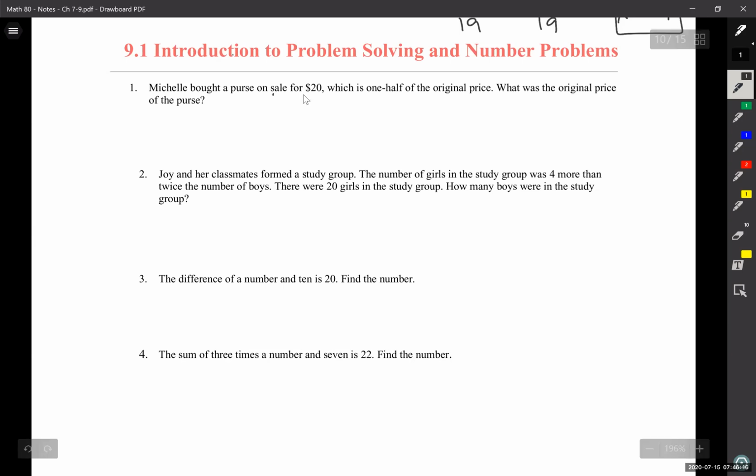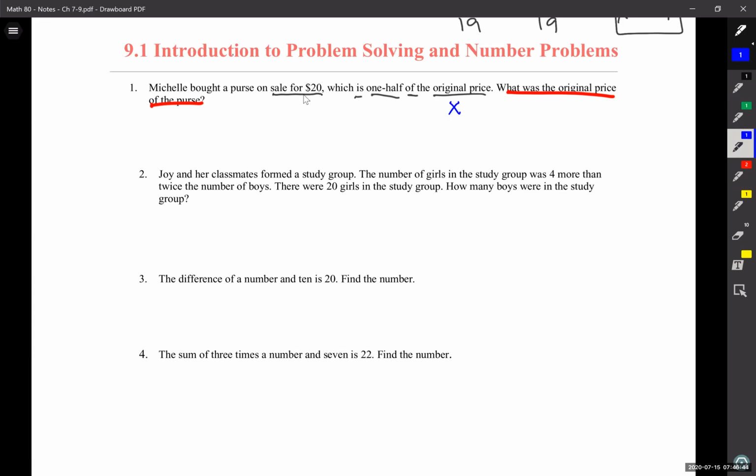The sale for $20 is 1/2 of the original. Those are all the little chunks that are important in the question. And we want to know, oh, this is important too, what was the original? Okay, so if I want to know what the original is, that's telling me right away that the original price is my variable X. That's what I'm trying to find out.